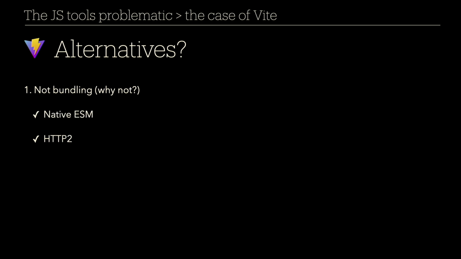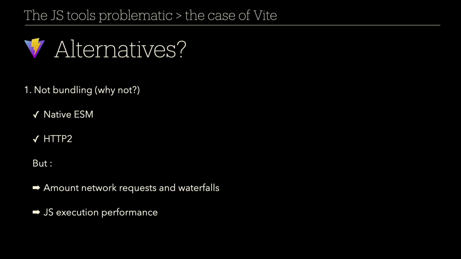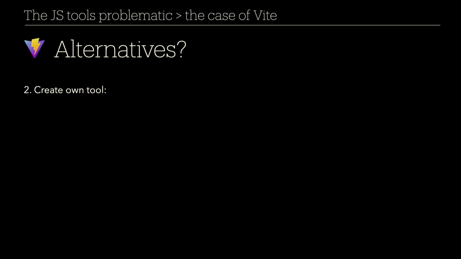Why not be in dev server mode all the time? Well, of course, it's not really feasible because it could lead to a huge amount of requests, and of course to waterfalls. So this is not great. And in terms of JS execution performance, it's not great either. But it's worth asking.